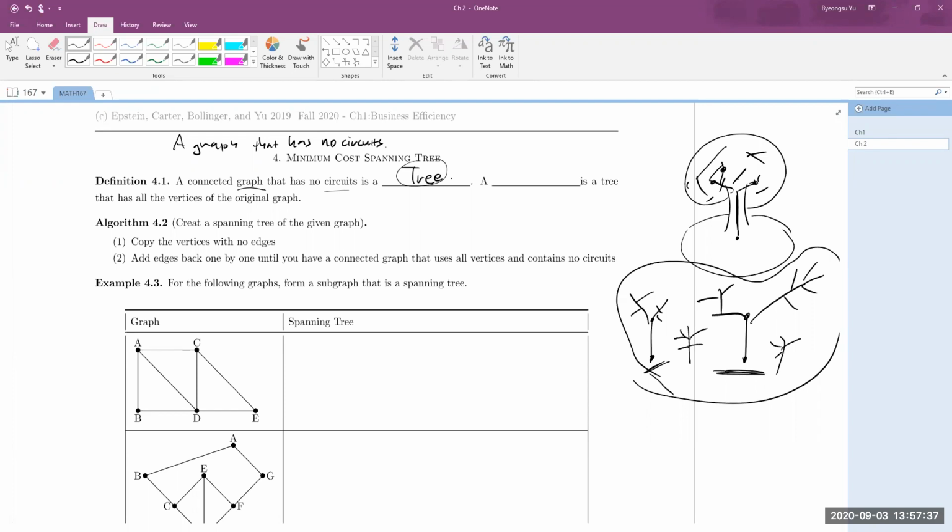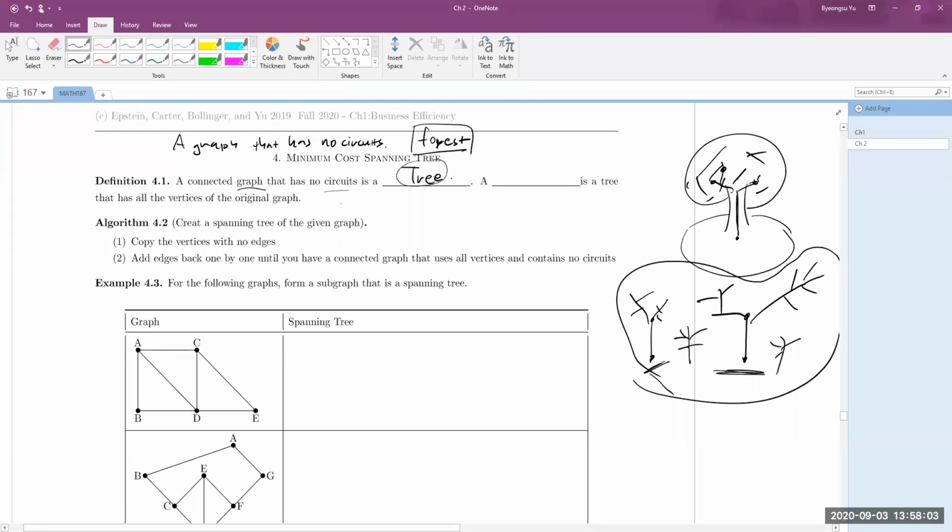Mathematicians usually call a graph that has no circuit a forest, because it has a bunch of trees. Yeah, that's a simple method.